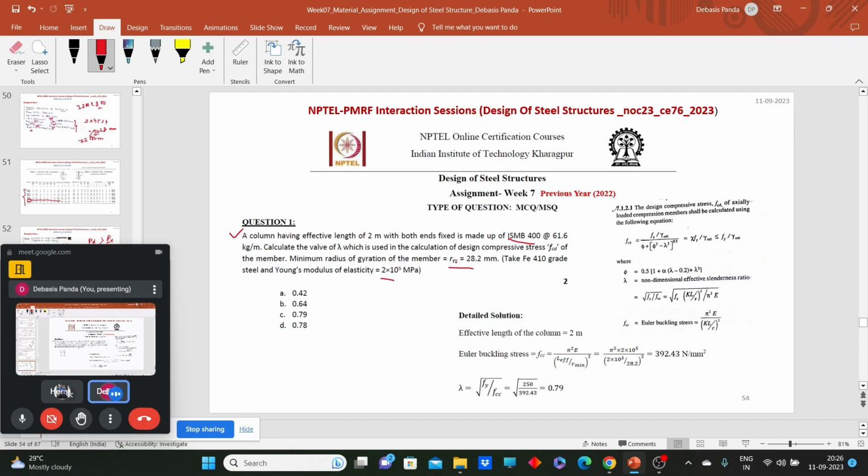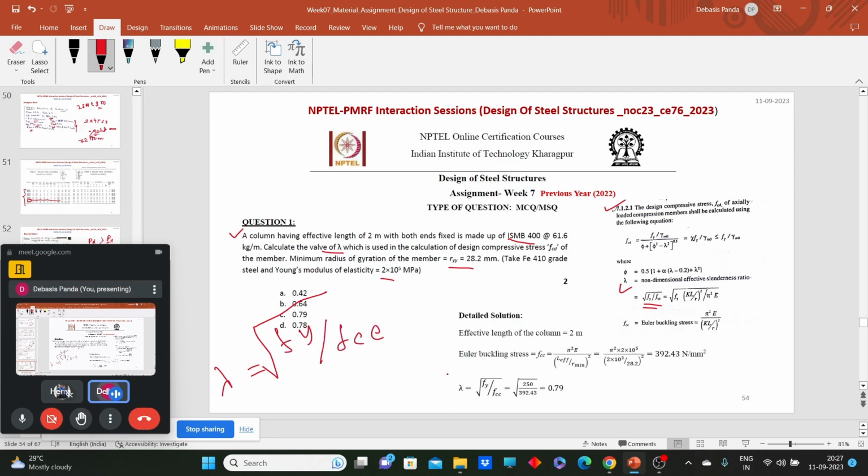Now, calculate the value of lambda. How can we calculate the value of lambda? We have our clause 7.1.2.1. From there, we see that lambda can be calculated using that equation. Lambda is equal to under root of Fy by Fcc.